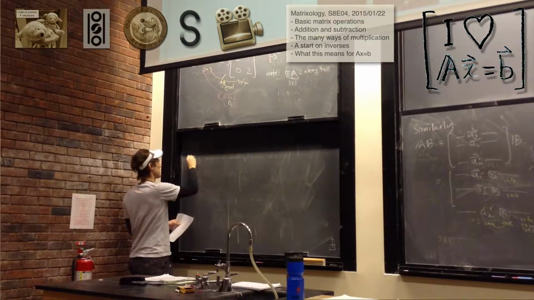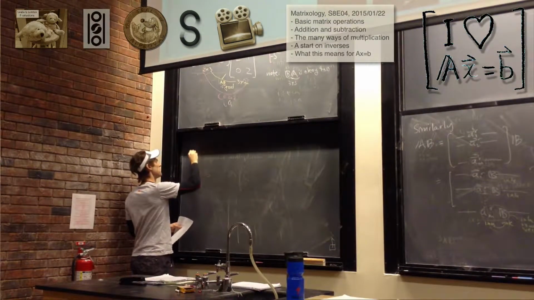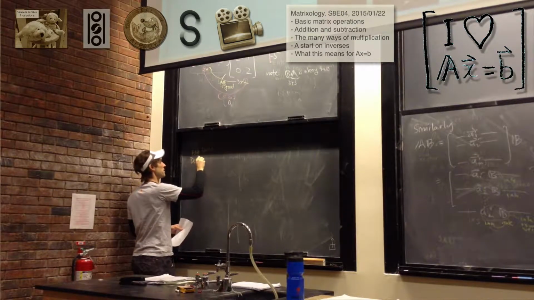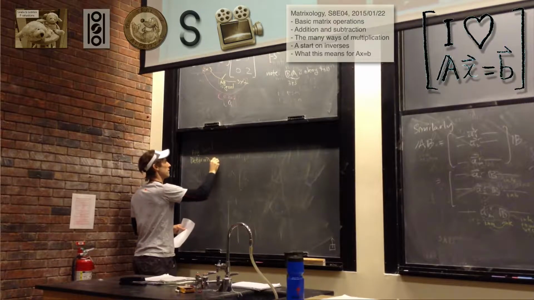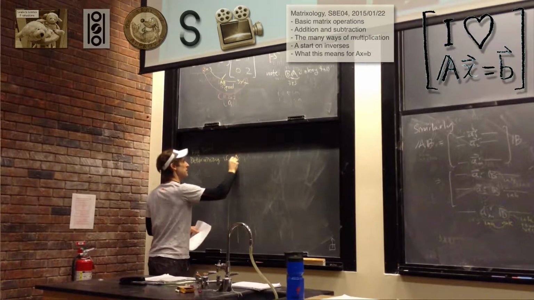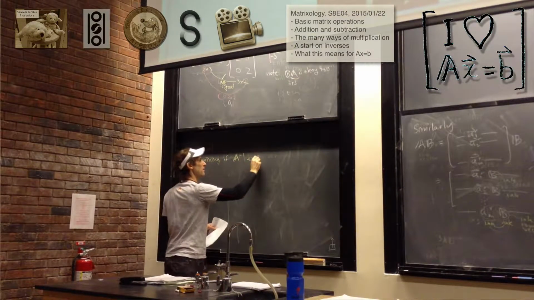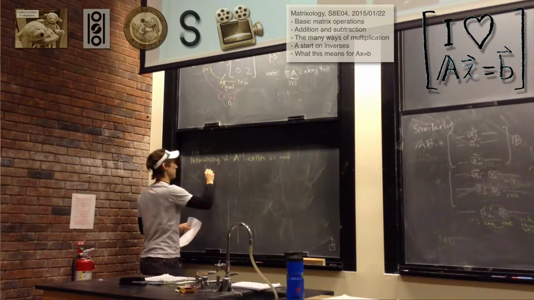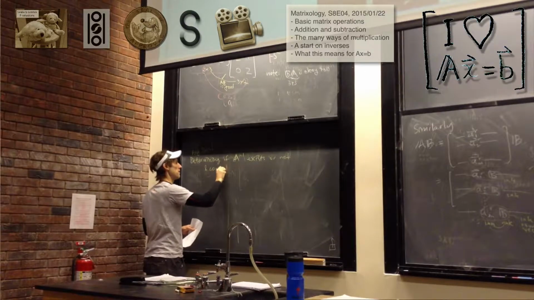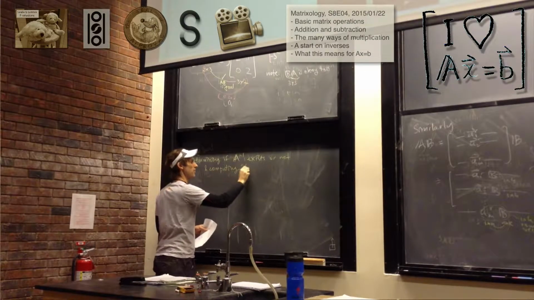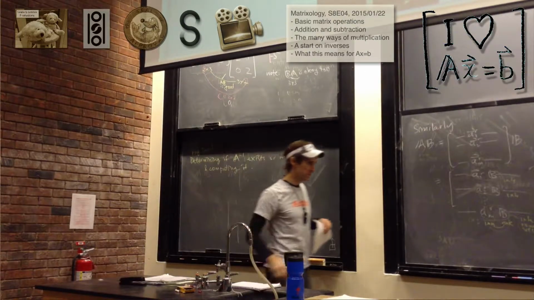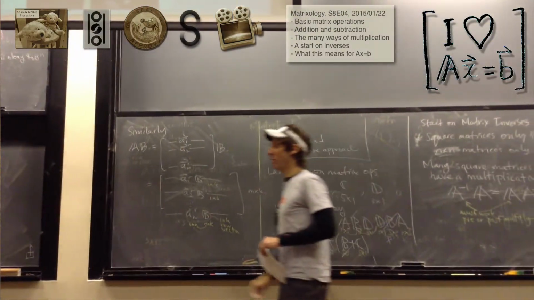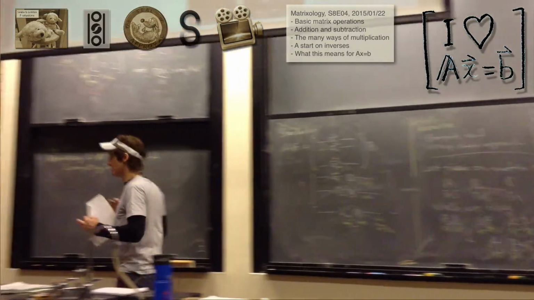Another big deal: determining if A to the minus 1 exists or not, and computing it. We probably won't have time to do it quite today. But the path we take with computing is a row operation path, so you have all the skills.